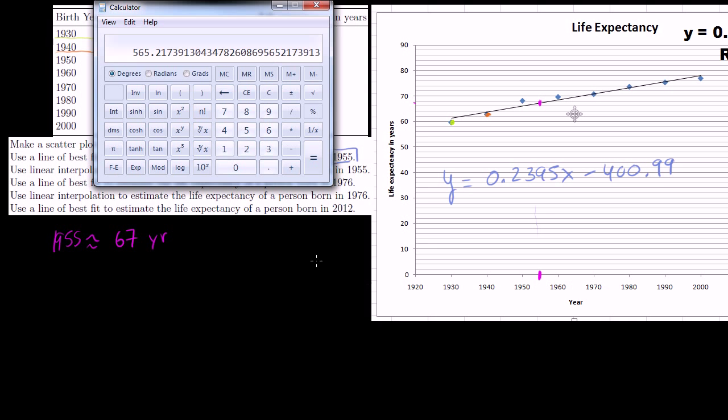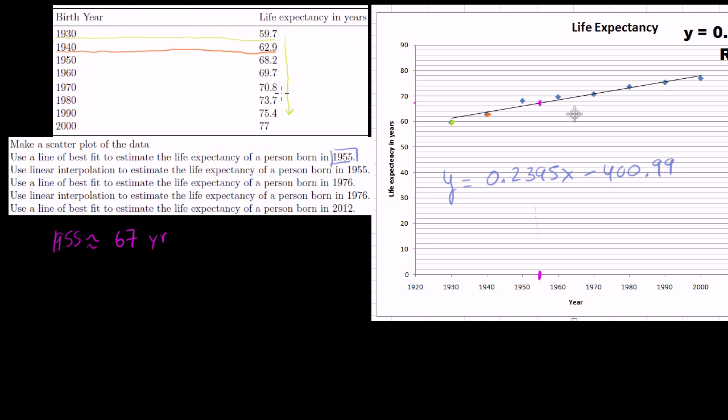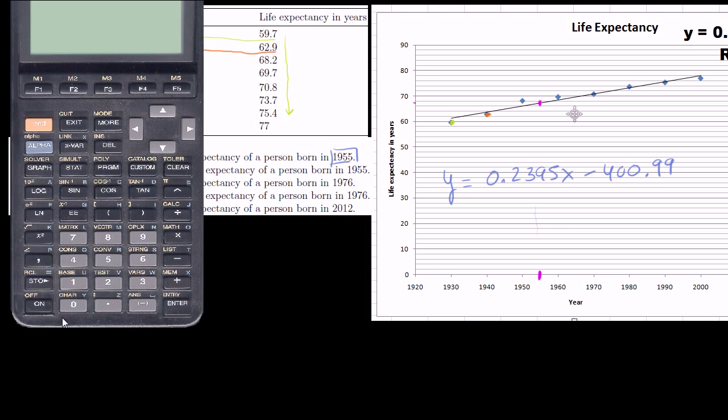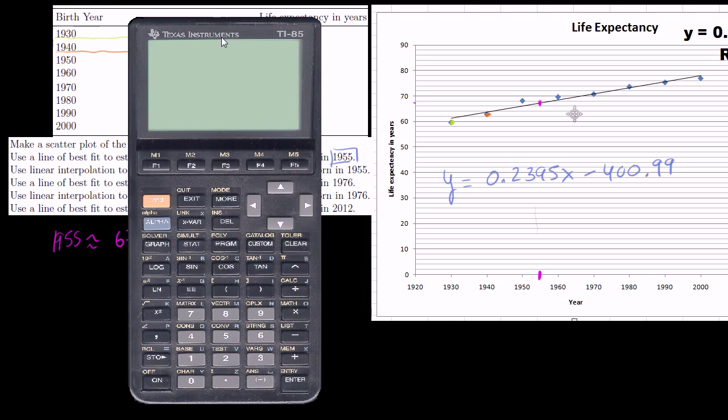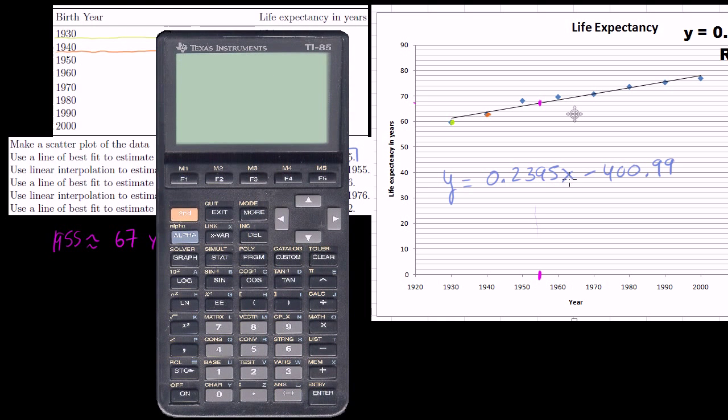Let's get our calculator out for this. Actually, let me use a graphing calculator for this one. Let me clear everything, and then let's punch in 1955 for x.